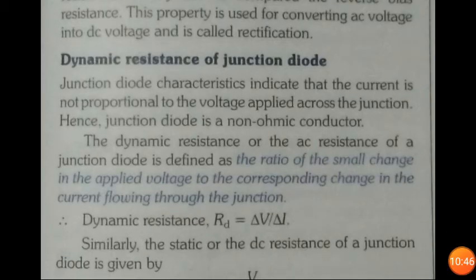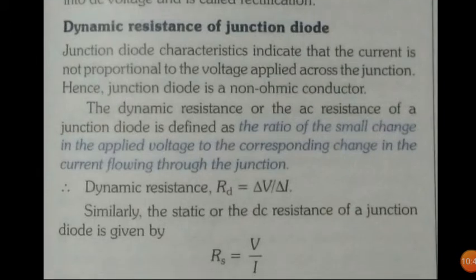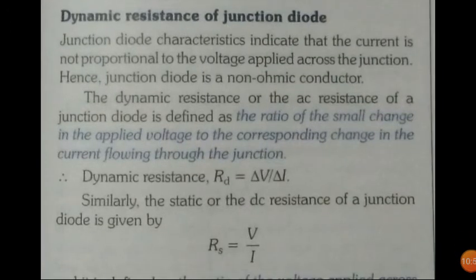Now let's see what the dynamic resistance of a junction diode is. Junction diode characteristics indicate that the current is not proportional to the voltage applied across the junction. Hence, a junction diode is a non-ohmic conductor. We have seen that the characteristic curves were not linear with voltage.